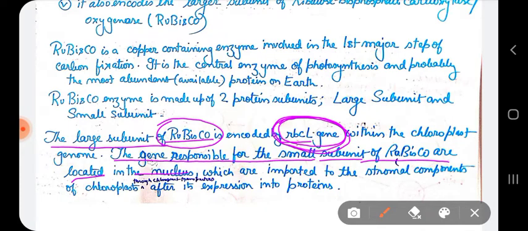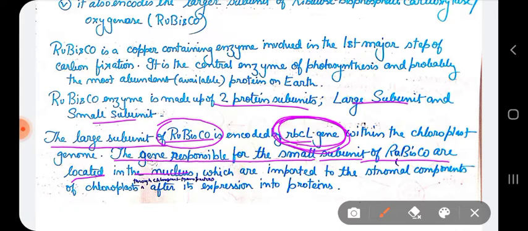So Rubisco is made up of two subunits, large and small. The large subunit is coded by the RBCL gene, and this gene is located within the chloroplast genome.